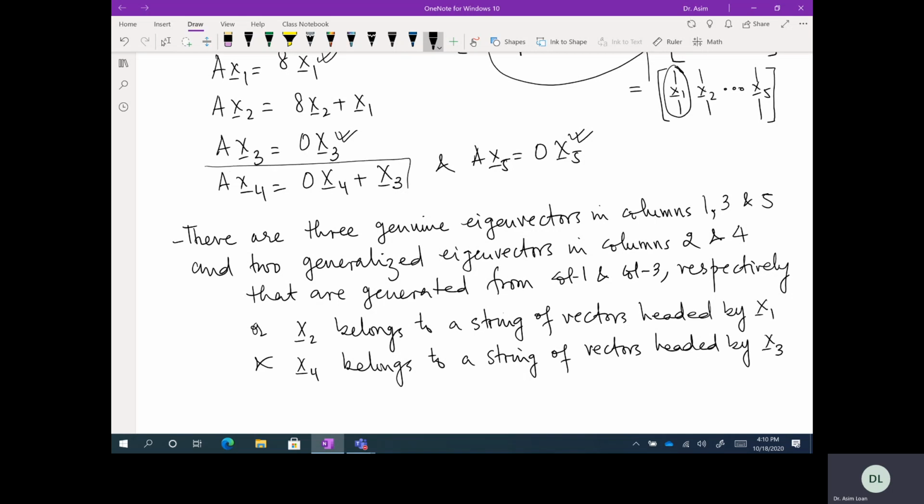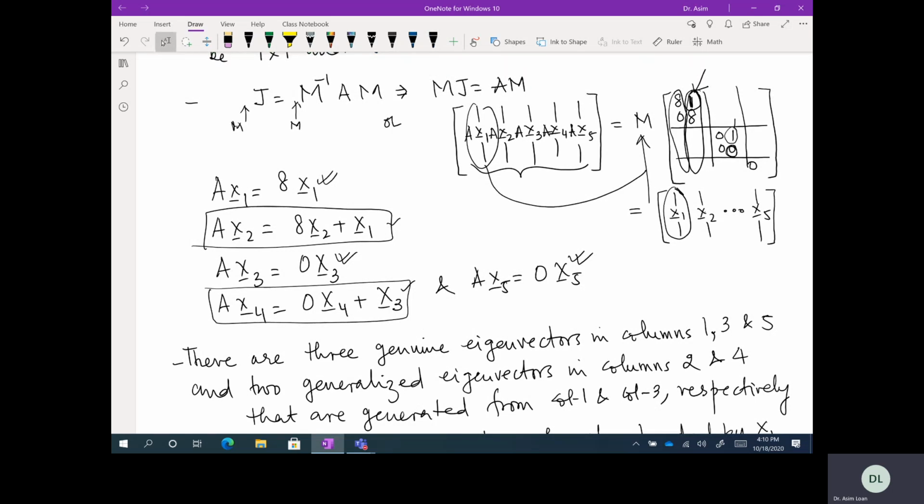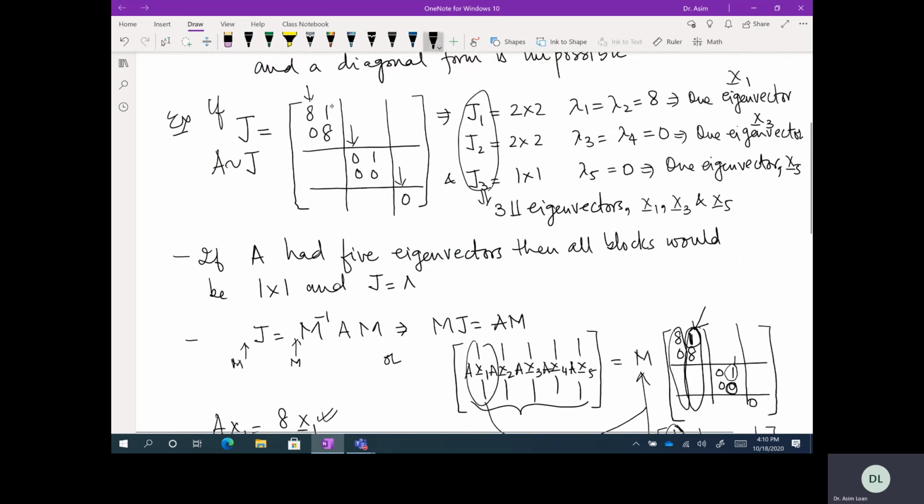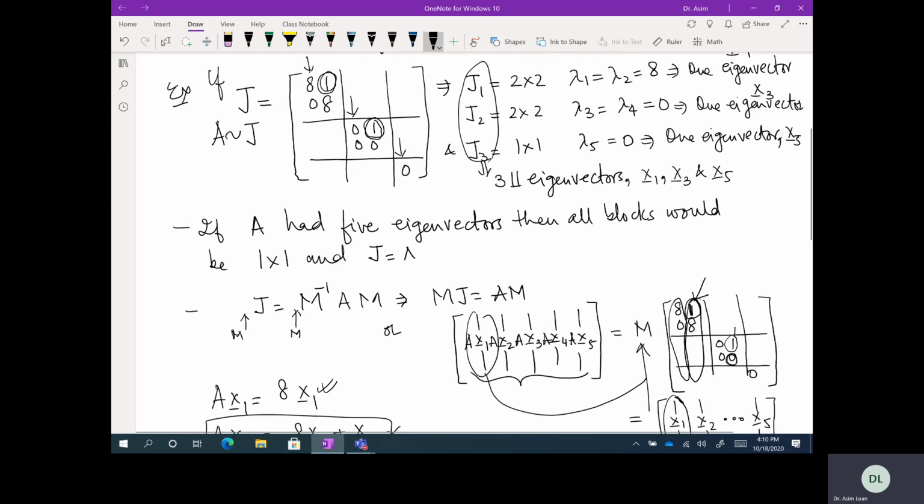So this eigenvector equation is a little modified, and now we have A x4 equals lambda x4 plus the previous one. Why the previous one? Because we have the previous eigenvector too.